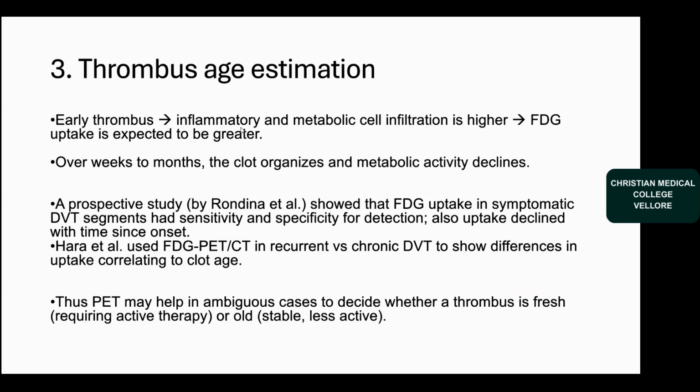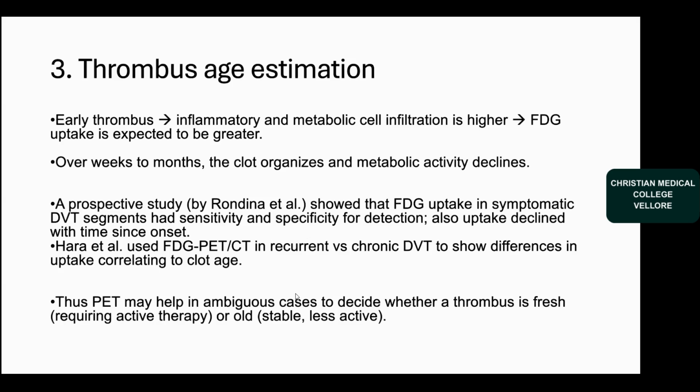Next, thrombus age estimation. In an early thrombus, there will be inflammatory cells and increased metabolic activity, so more FDG uptake. Over weeks, it organizes and the activity declines. In a prospective study, FDG uptake was seen in acute DVT segments, whereas over time it reduced.